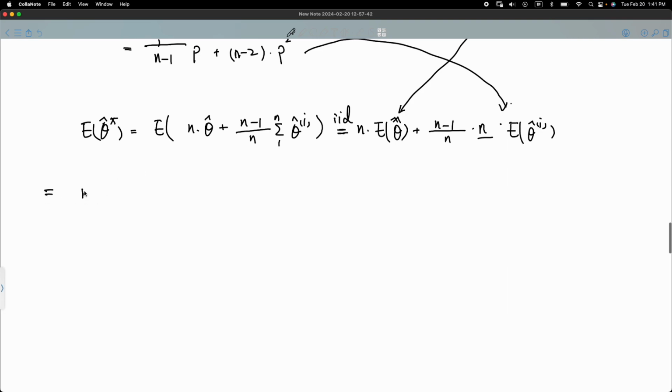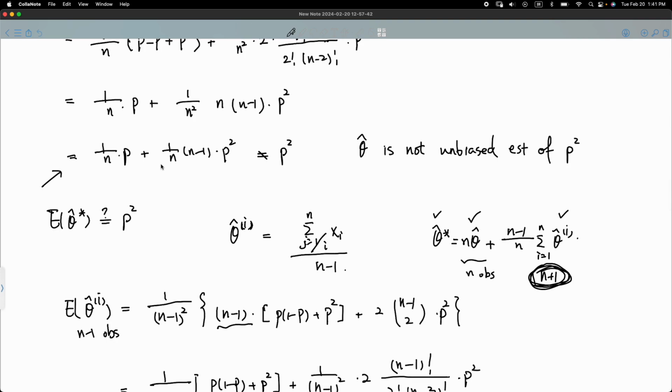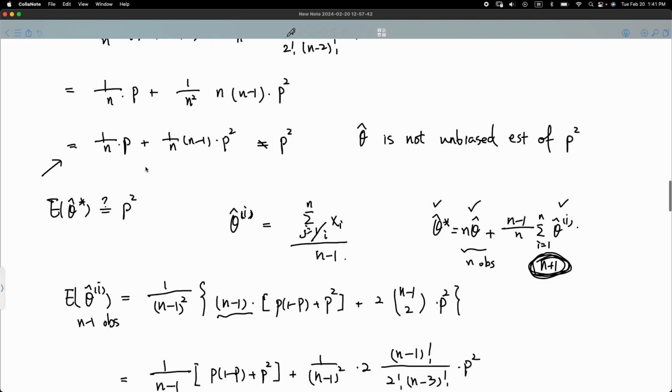This is equal to n multiplied by your solution from the previous derivation, which is here, 1 over n, p squared. Okay, so let me just further group things from our previous solution.